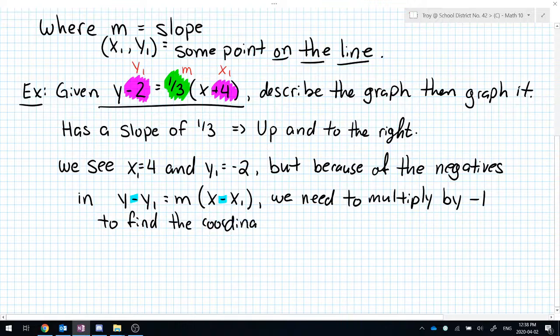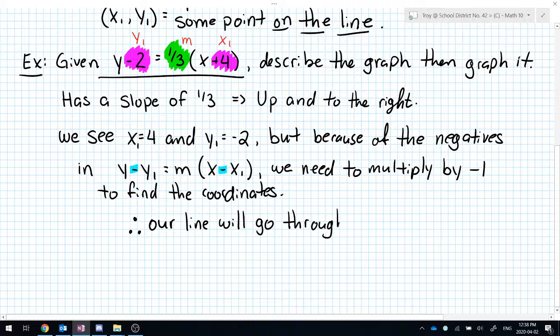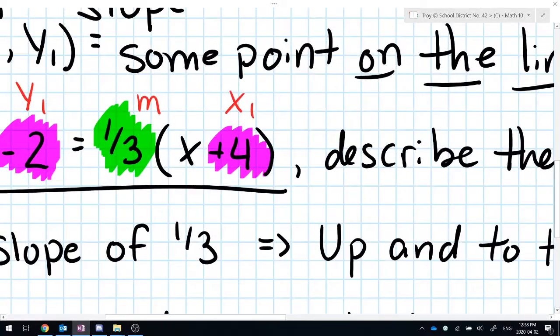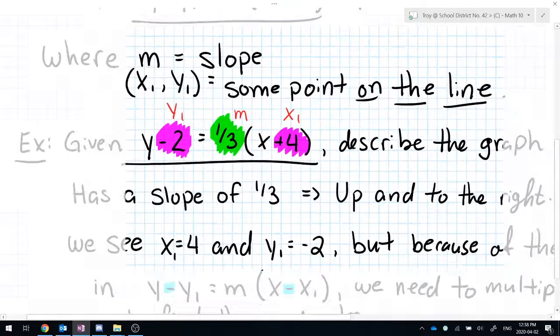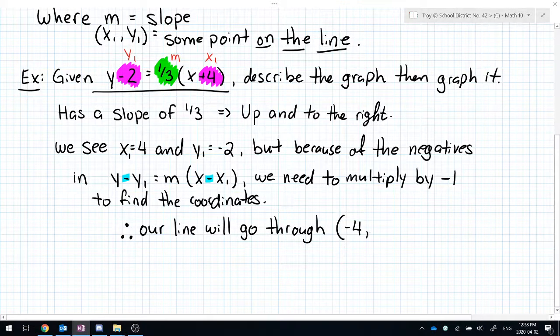All that does is have the effect of swapping the sign. So our negative 2 is going to become positive 2, and our positive 4 is going to become negative 4. So therefore, our line will go through the point. Right up here, x1 is x plus 4, so if we swap the sign of that 4, this is going to be negative 4.